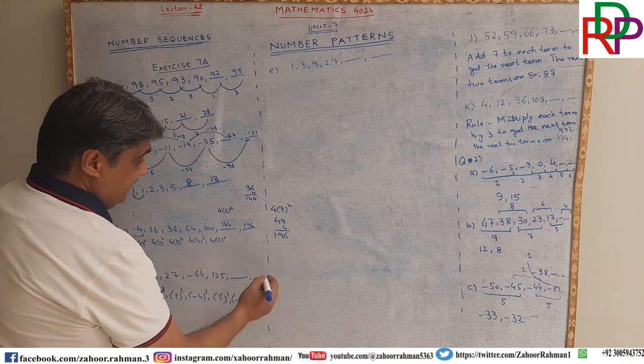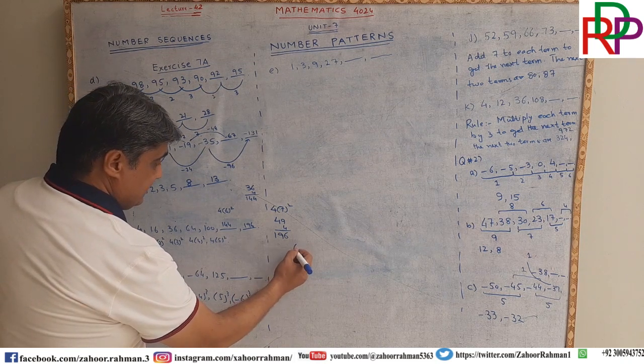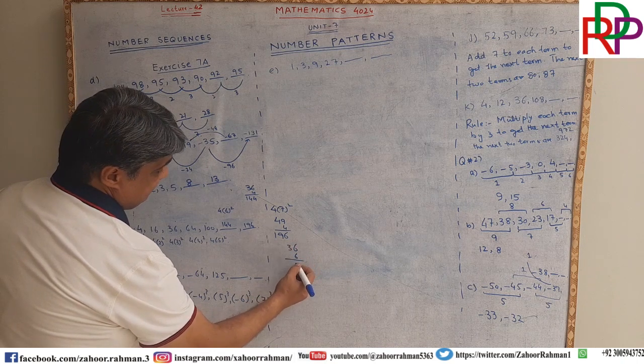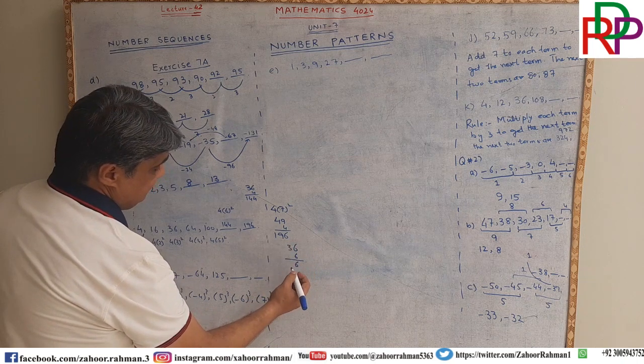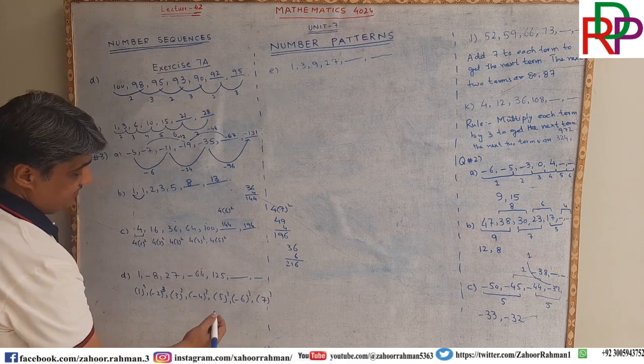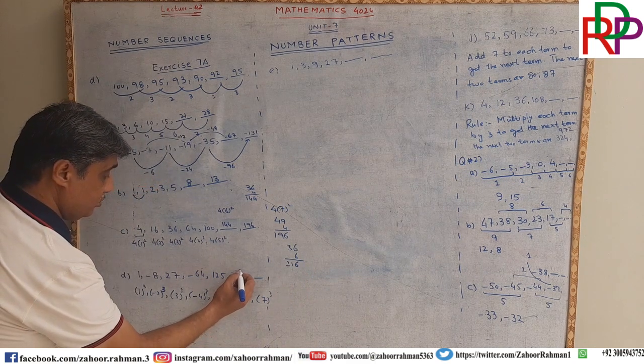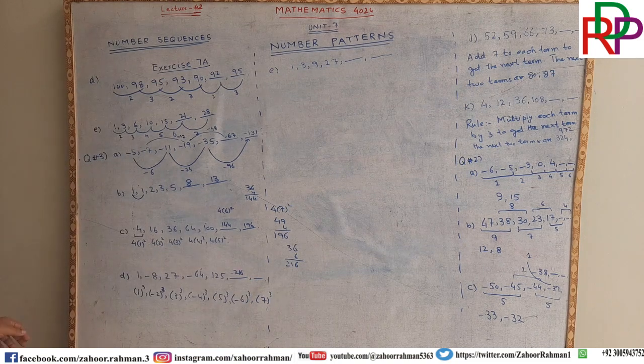So when we multiply 6 three times, 6 sixes are 36 and 6 sixes are 36, 6 threes are 18, 216 with a negative sign. So this will be 216, the next term.